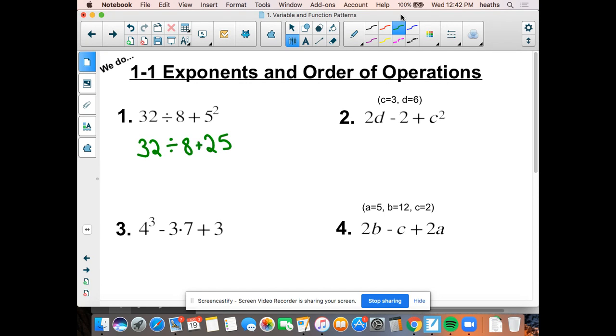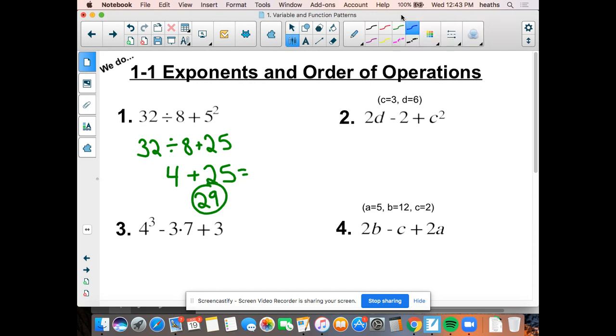There's no multiplication, but there is for sure division, so that's the next thing I need to do. 32 divided by 8 is 4. I'll drop the rest of my problem down. 4 plus 25 is going to give you 29. So the final answer for number 1 is 29.